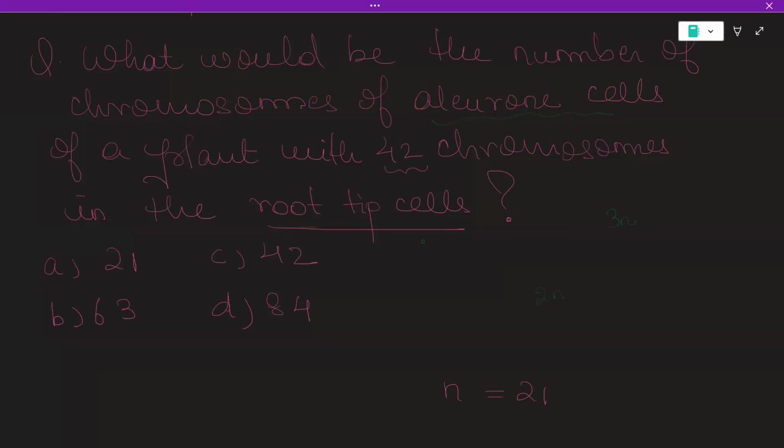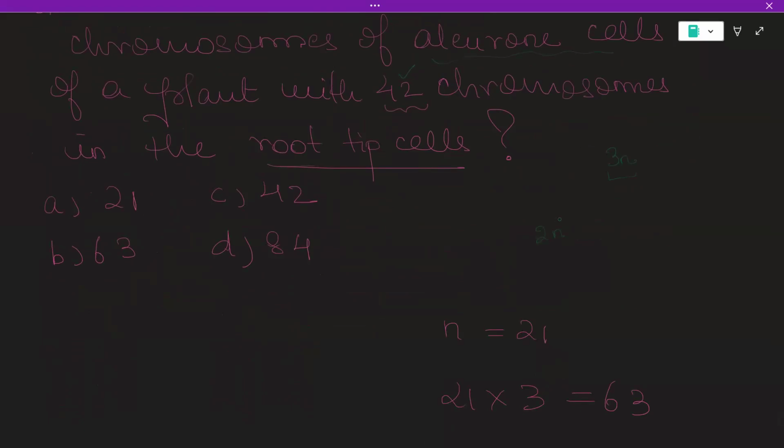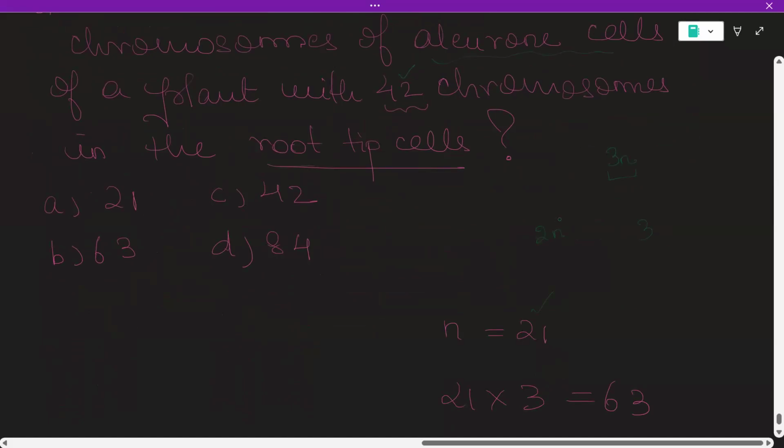A plant with 42 chromosomes, and what would be the number of chromosomes of aleurone cells? We know that aleurone cells are 3N. And what is N here? 21, because that is the haploid number. So you multiply 3 with 21 and you get 63. Clear?